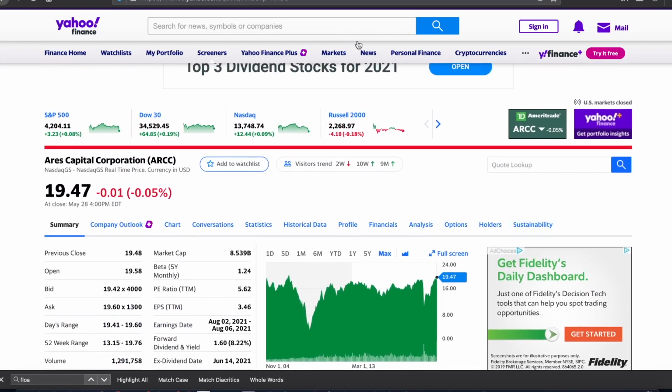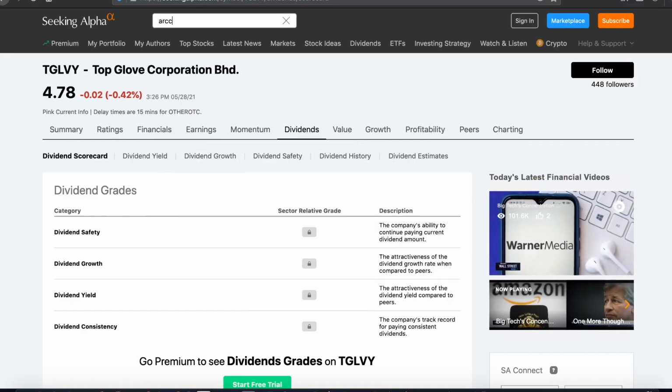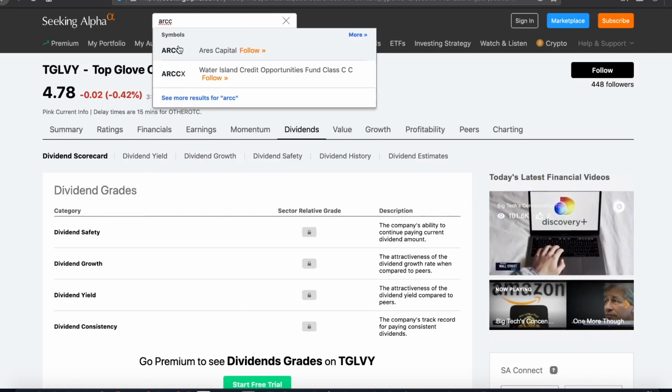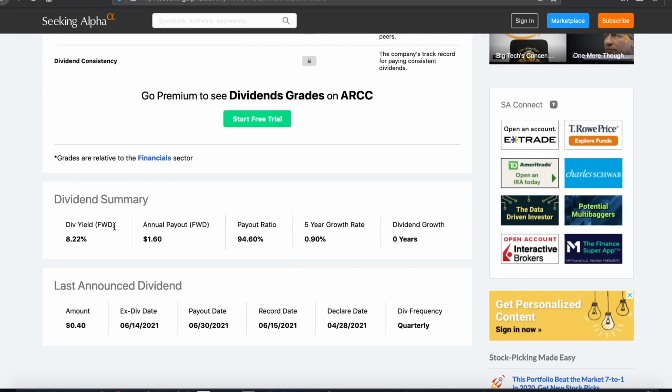All right, so let's take a look at them in Seeking Alpha to get that payout ratio. Okay. Yeah, so there you have the 8.22. There's the annual payout.